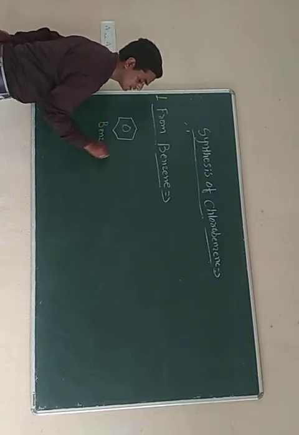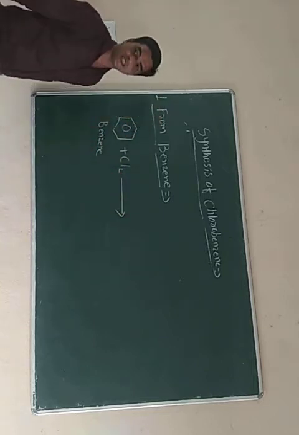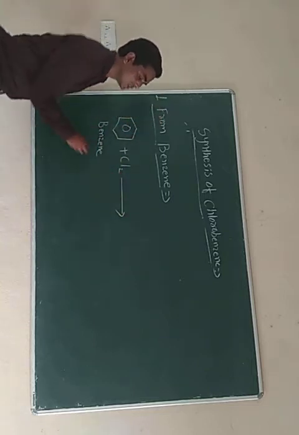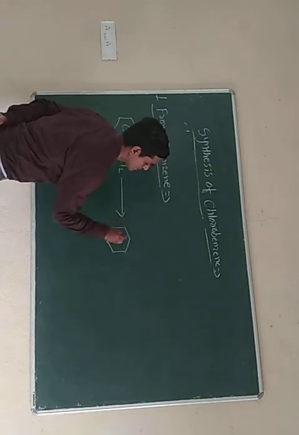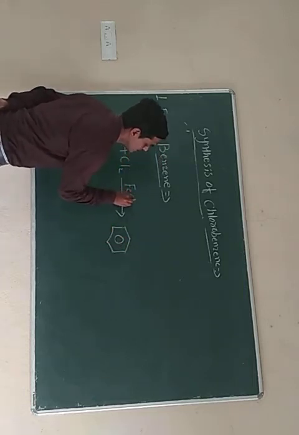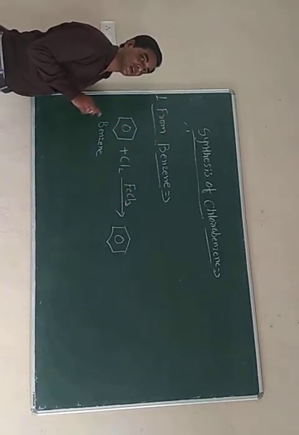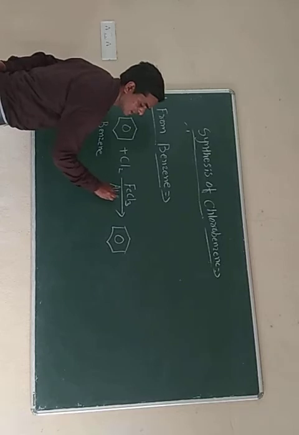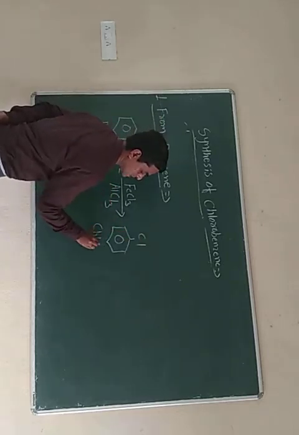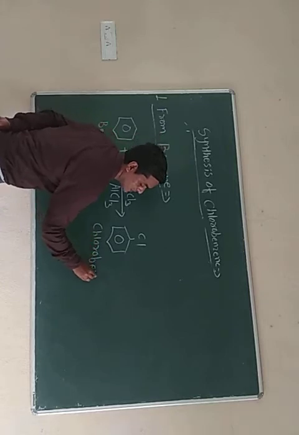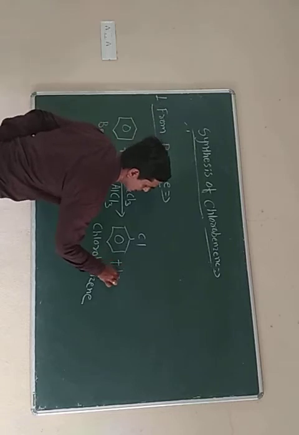Benzene, when it reacts with chlorine in the presence of FeCl3, halogen derivatives like ferric chloride or AlCl3, will give rise to the structure chlorobenzene plus HCl.